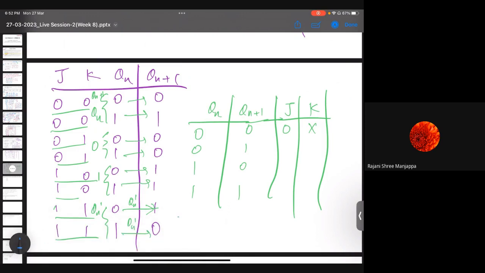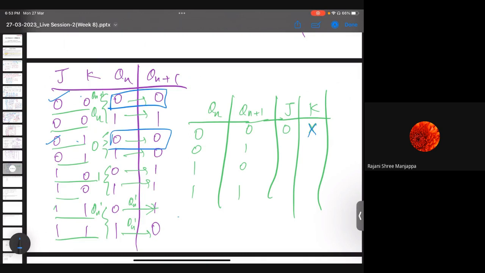I'll tell how it is coming. There are two cases of 0, 0, one here and one here. In both the cases J is 0 and K can be 0 or 1, so we substitute K as don't care. Next is 1x. So this is the method of getting this.